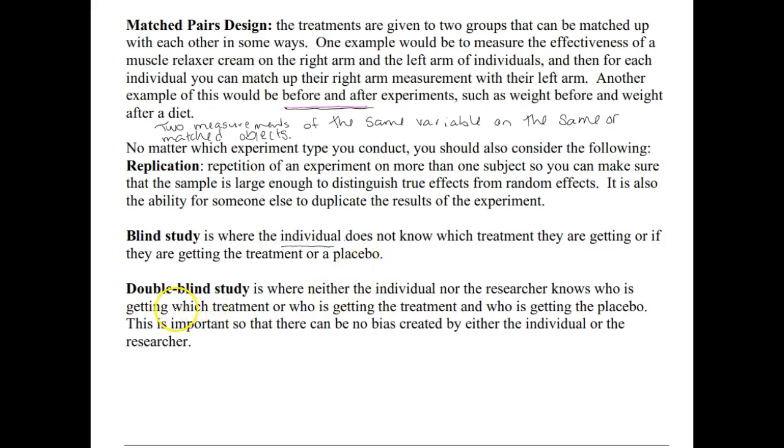In other studies, like the one that I mentioned to you earlier with the polio vaccine, was a double-blind study. This was where neither the individual nor the researcher, in this case the doctors who were administering it, know who is getting which treatment, or who is getting the treatment and who is getting the placebo. Okay, in this case, each of the vials that the kids were given, there was a recorded number that they recorded and sent back to the CDC.